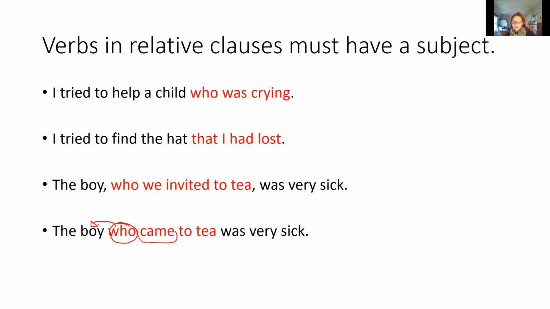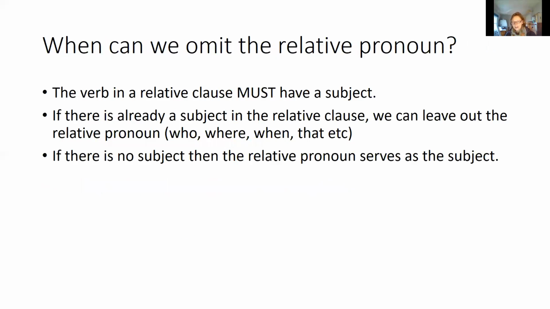Okay. Now, when we've got these relative clauses with the relative pronouns, we can sometimes drop them. If there is already a subject in your relative clause, you can leave out the relative pronoun. If there's no subject, then you need to keep the relative pronoun, okay? So if there's no subject, you have to have a relative pronoun.